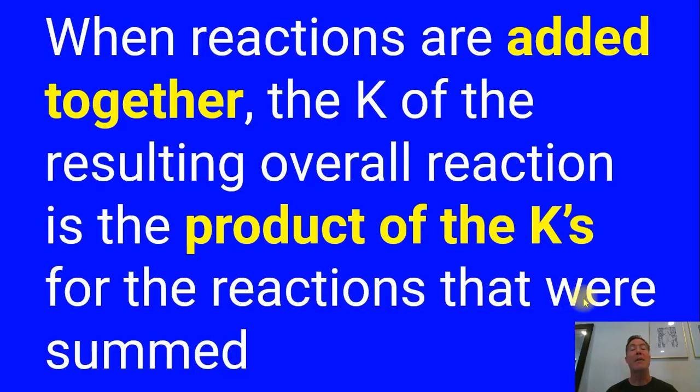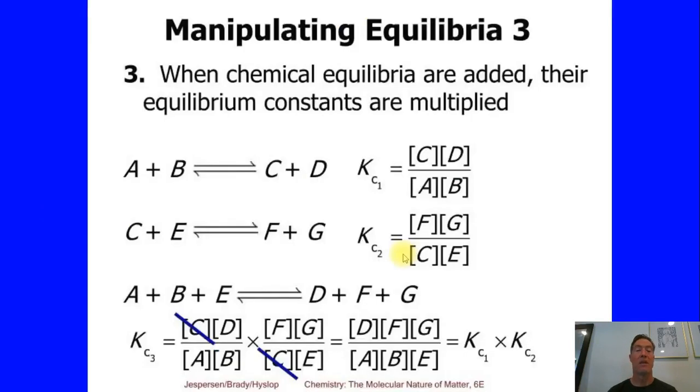How about when we add two reactions together? Well, the K of the overall reaction is the product of the individual Ks. So let's say we have two reactions, A plus B yielding C and D, and then C and E yielding F and G. What we're going to see when we add all these together is that the C's are going to cancel out, and what we're going to get is essentially the K value of the first reaction times the K value of the second reaction.